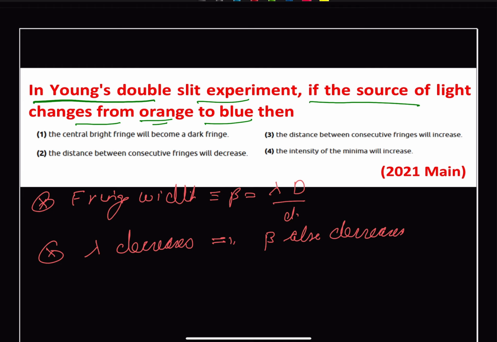And if beta decreases, we can say the distance between the consecutive fringes decreases. So you can say option 2 is the correct one. Next question.